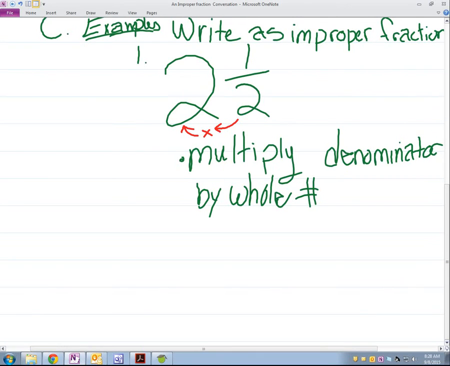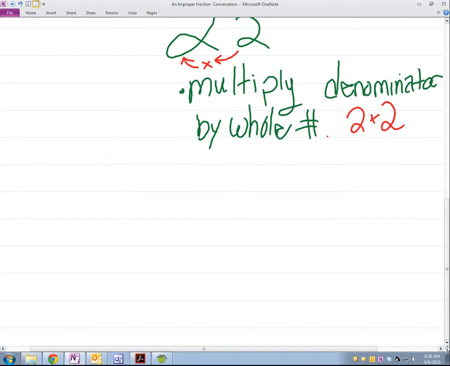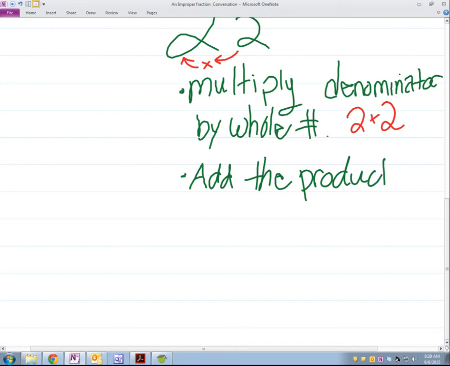So we're going to be multiplying the whole number, 2 times 2. Then we add the product to the numerator. The product is the answer to a multiplication problem.